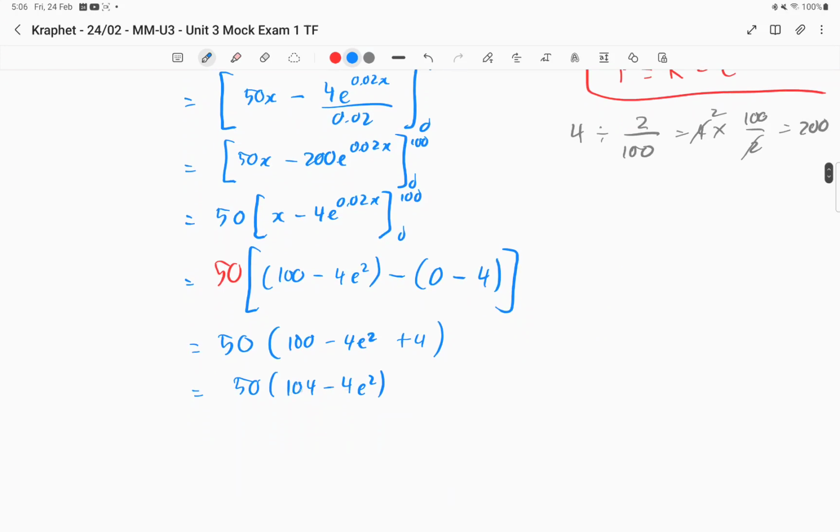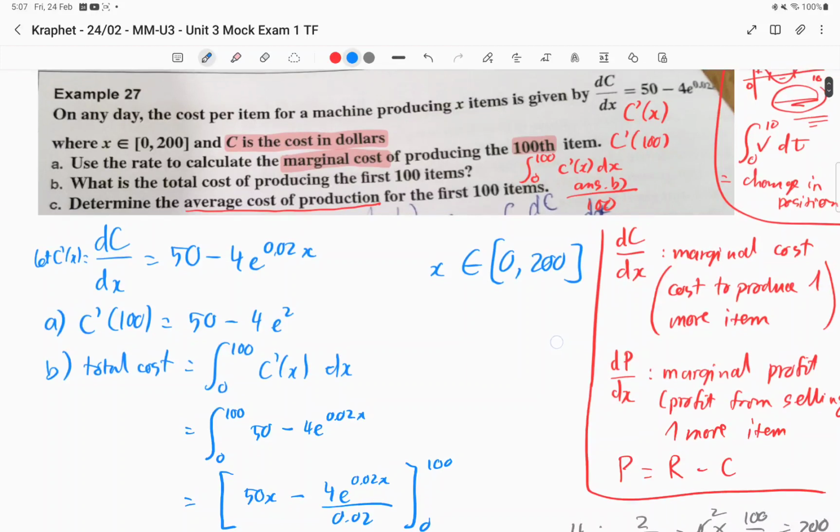You can even take out 4 from 104. If you take out 4 from these two numbers, that would be 200 at the front. And then 104 divided by 4 is 26, so 26 minus e squared. Okay, so that's the total cost to produce the first 100 items.